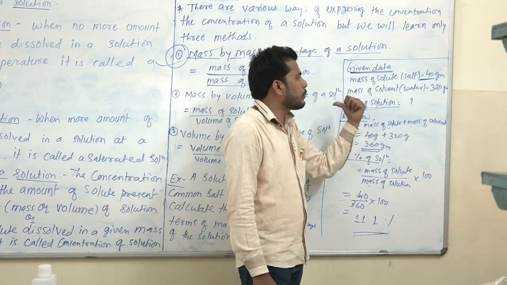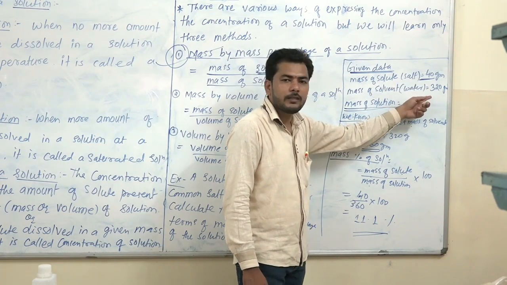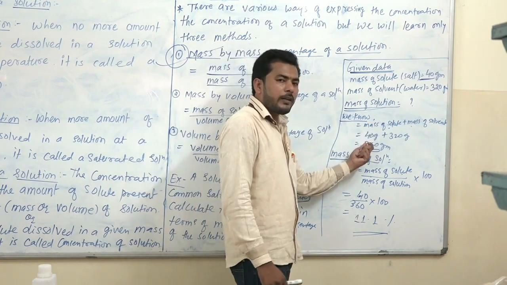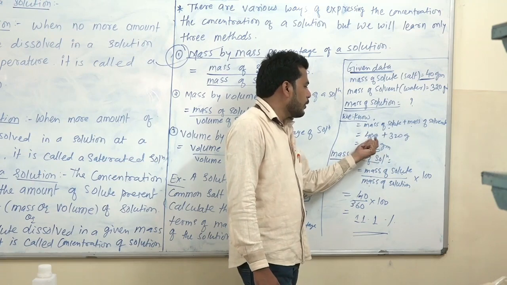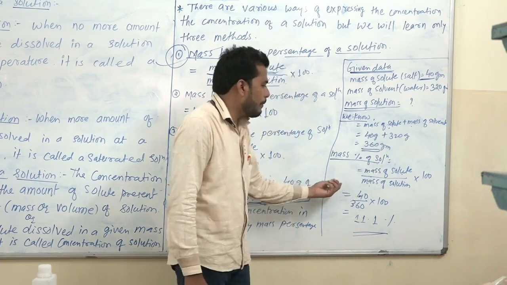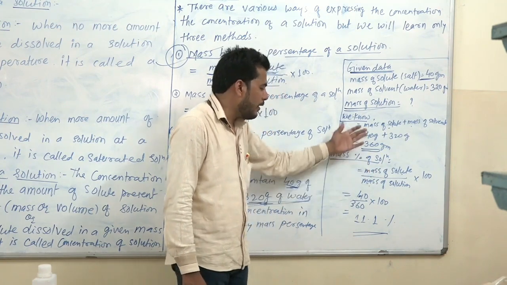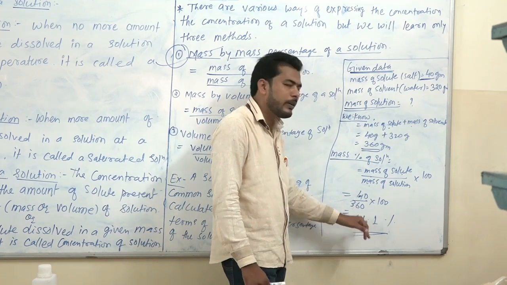Mass of solute is 40 gram salt, and mass of solvent is 320. Mass of solution, how can we calculate? Mass of solute plus mass of solvent is equal to 40 plus 320. It will be 360. Then we apply the mass by mass formula: 40 divided by 360 into 100, and we get 11.1.